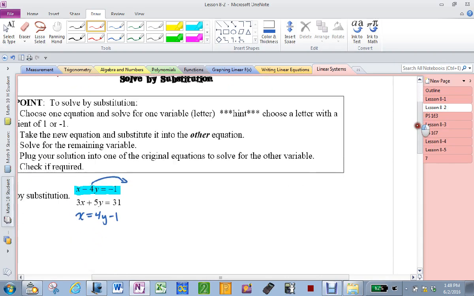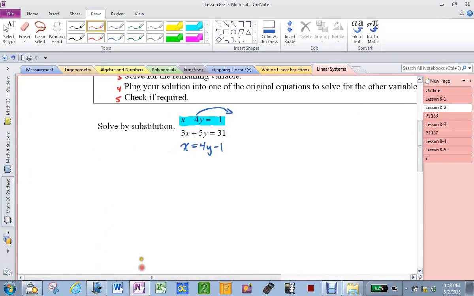Okay. So let's look at what we have here. We have x equals 4y minus 1. What letter do you have right there? X. What is x? 4y minus 1. So 3 times (4y minus 1) plus 5y equals 31.